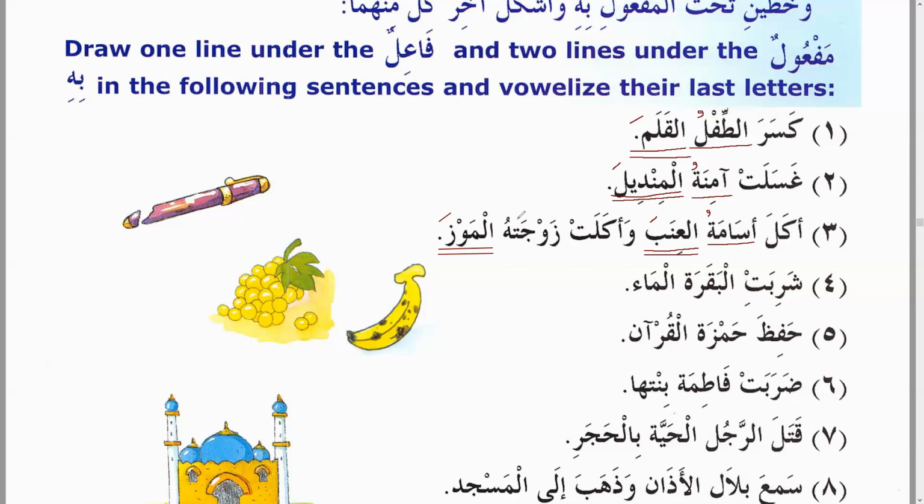So this will be zawjatuhu, his wife. Wa akalat zawjatuhu al-mauza. And his wife ate the banana.